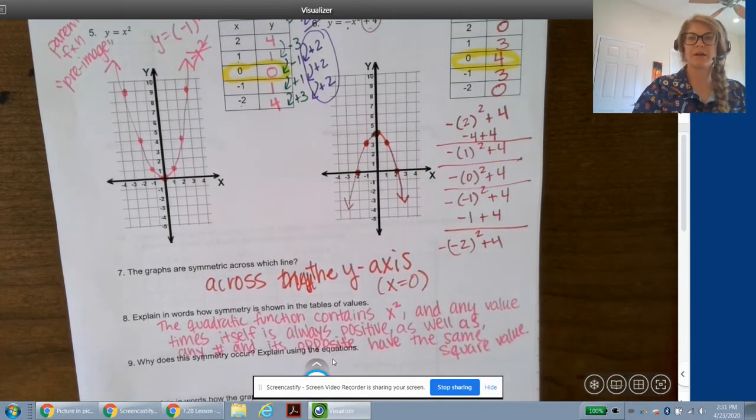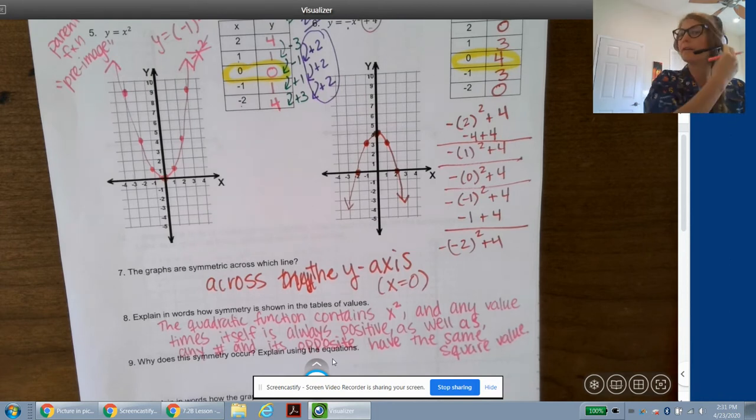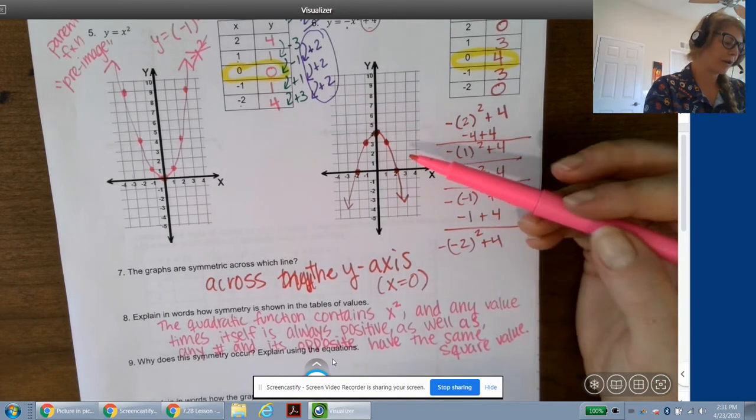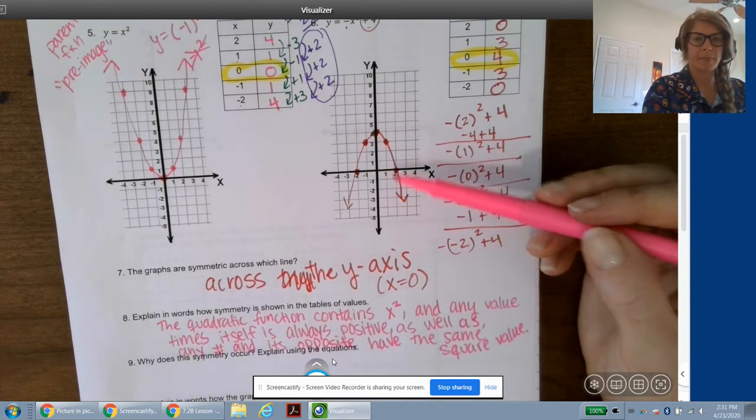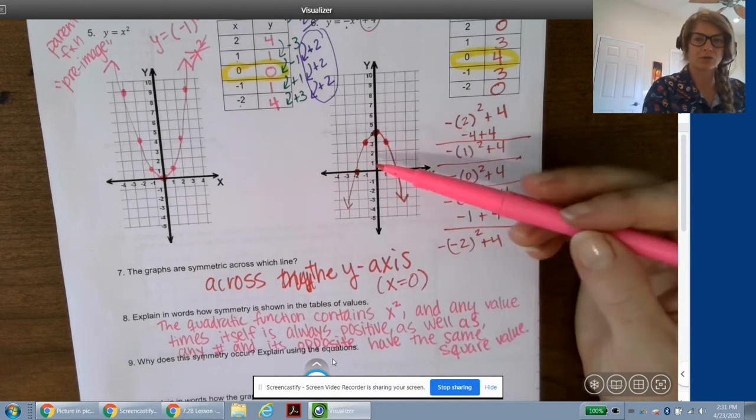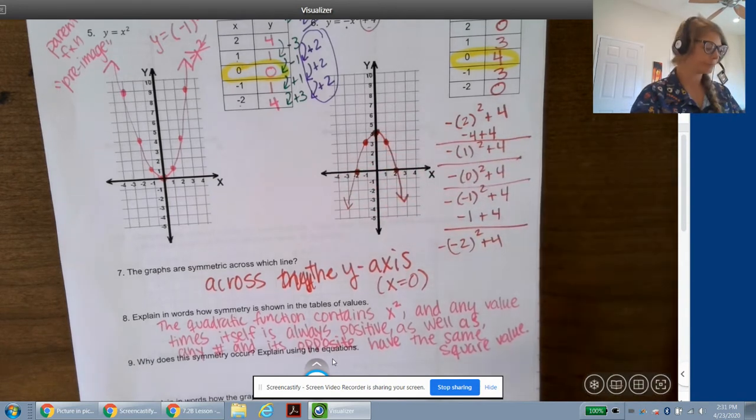So because every number and its opposite is going to have the same output, every output corresponds to 2 inputs. And that's what's going to create that symmetry, except for the vertex, of course.